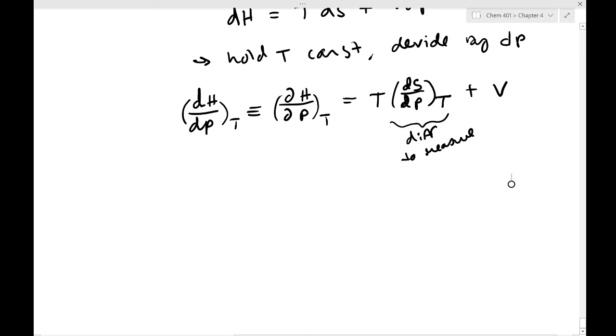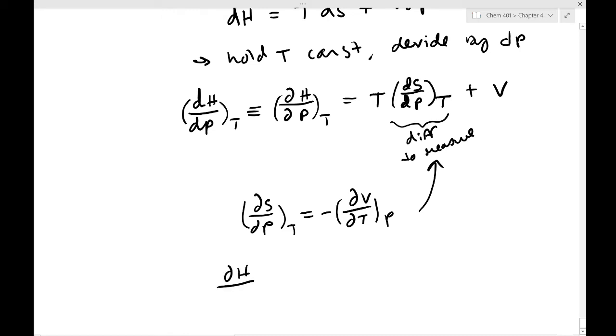We can recall that the change in entropy with respect to P at constant T is equal to negative partial of V with respect to T at constant P. We can substitute that in, and say that the change in enthalpy with respect to pressure at constant temperature is equal to volume minus temperature times the change in volume with respect to temperature at constant P.